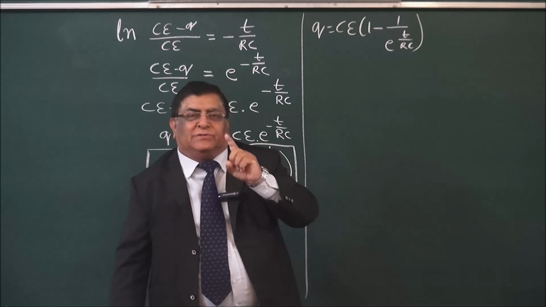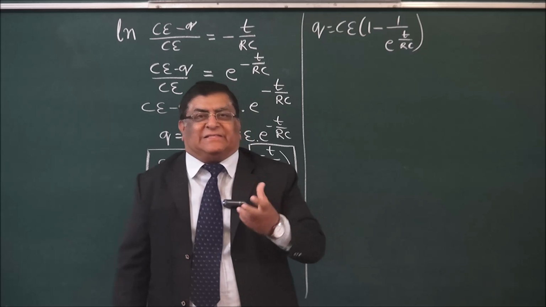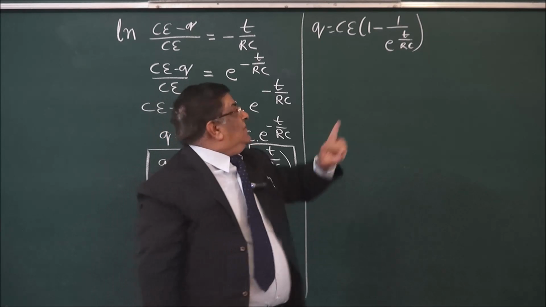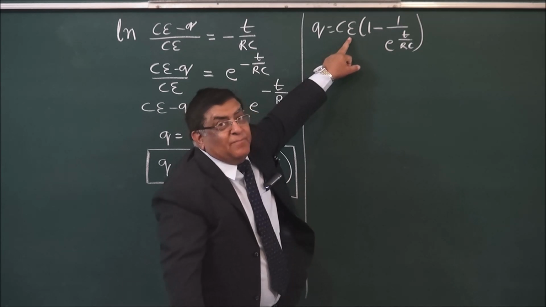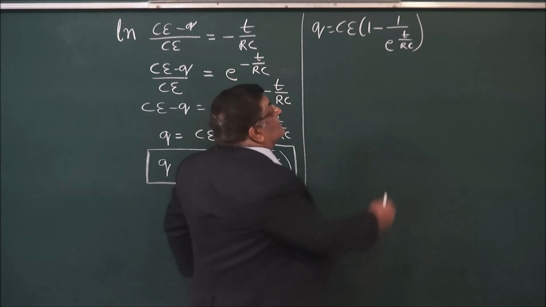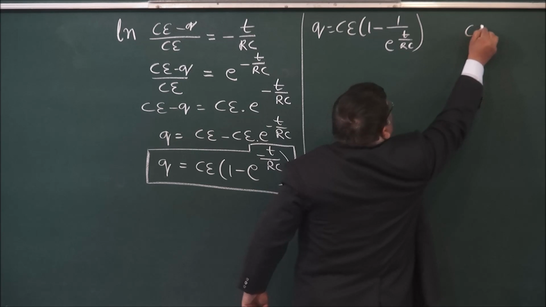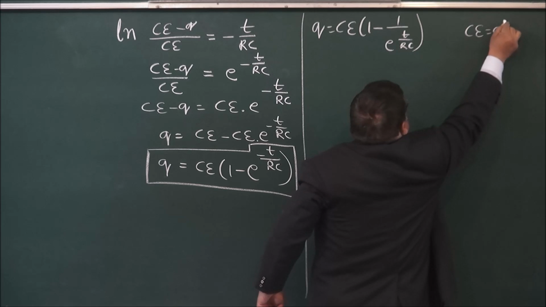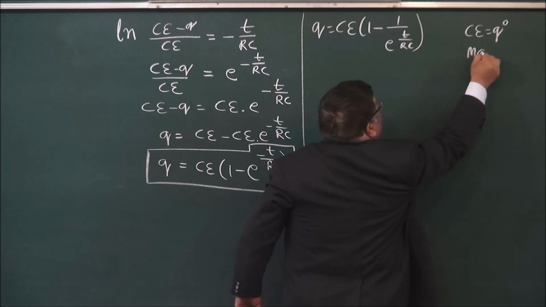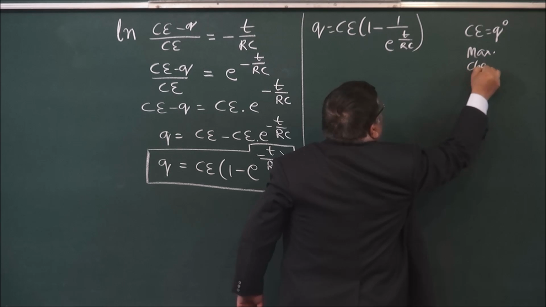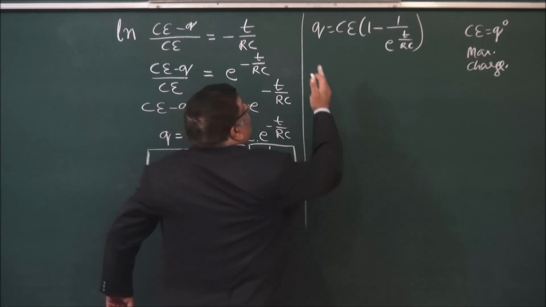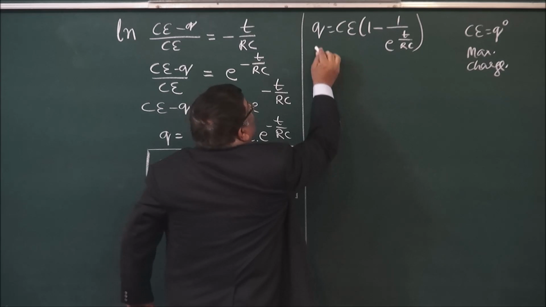The maximum charge on the capacitor. How much will that be? The answer is C into V, and V of the battery is EMF. So C into E gives us the maximum charge, and we can write it as Q naught. This is the maximum charge on the capacitor. We can write it Q naught, or we can write it CE.